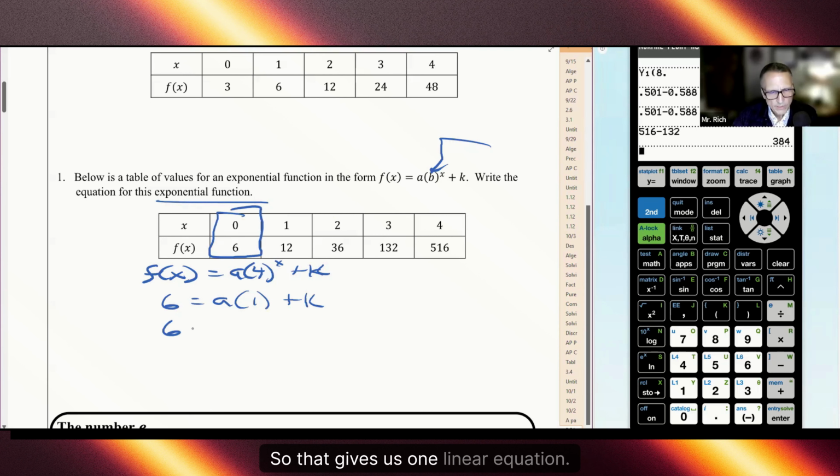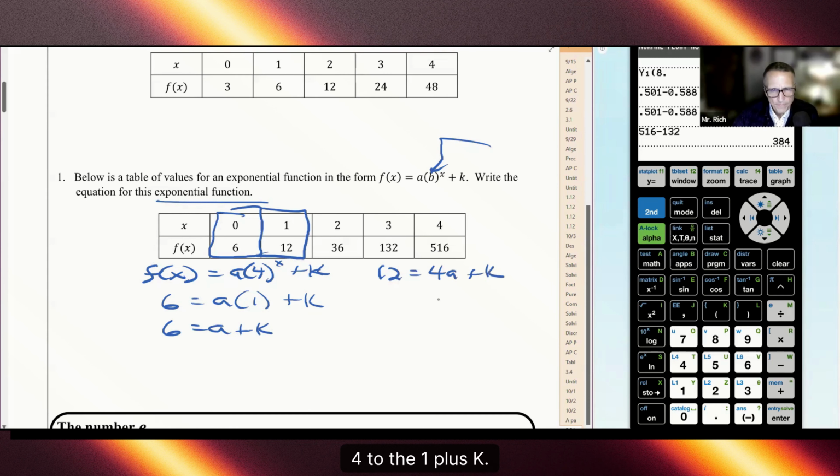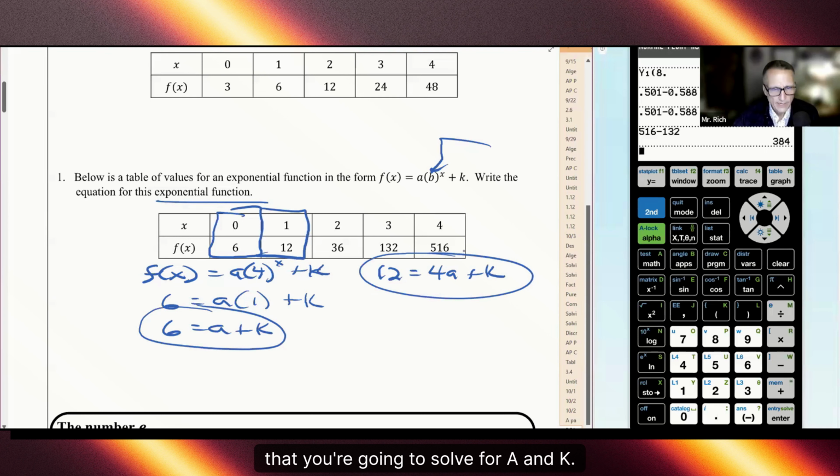So that gives us one linear equation. And if I'm going to find out what a and k are, I need a second equation. So I will move over and stick this point into this equation. That gives me 12 is equal to a times 4 to the 1 plus k. So this is basically a system of equations in two variables that you're going to solve for a and k.